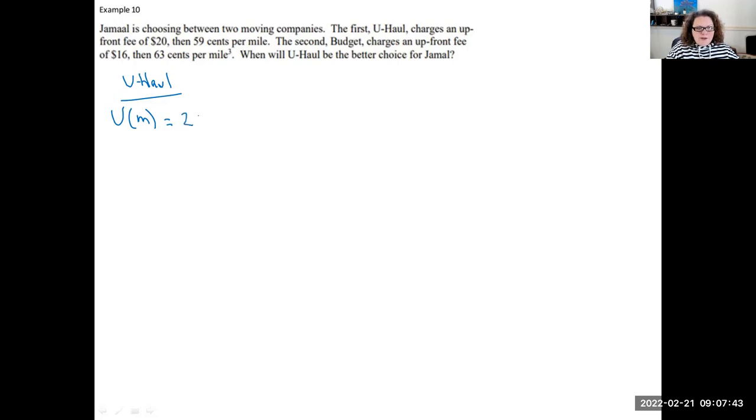So that's their b. We put our f(x) is equal to b plus mx. Then after the $20, they charge 59 cents per mile. Now that's 0.59 per mile. And m is miles. I just need to write that. U is U-Haul and m is miles.